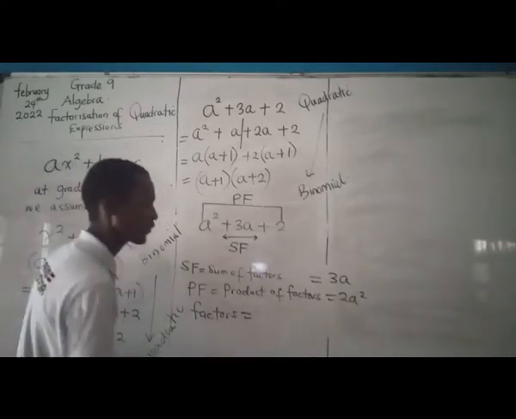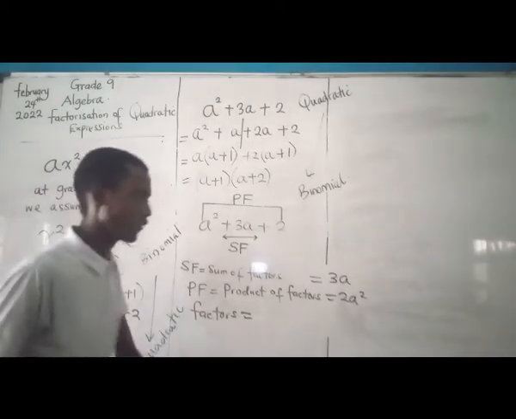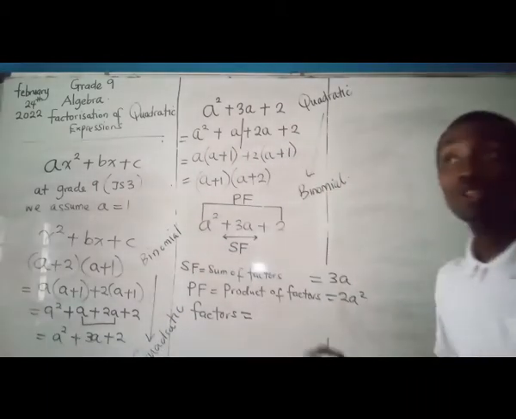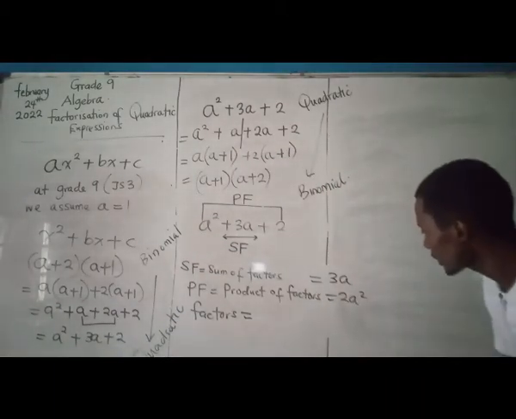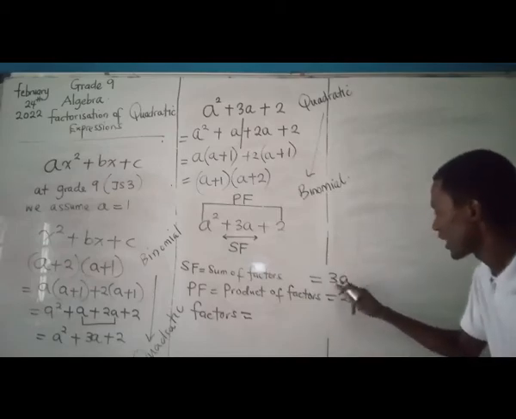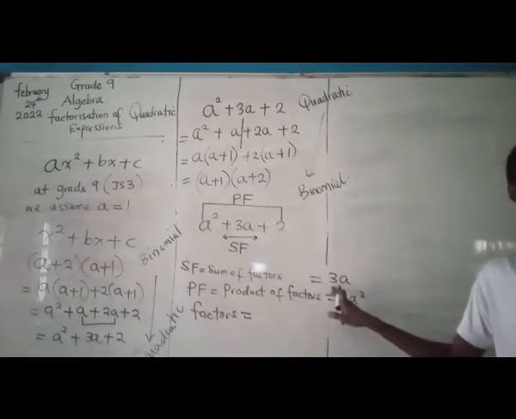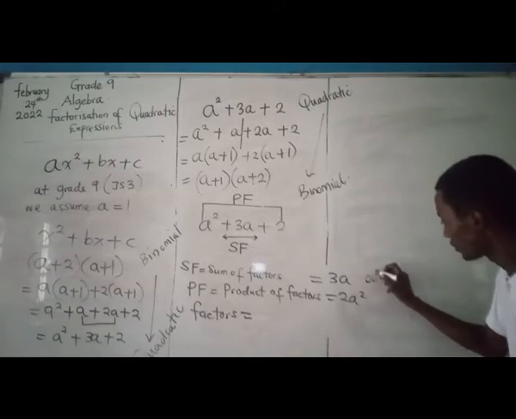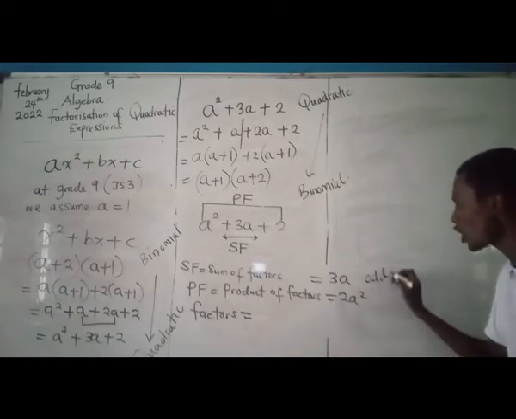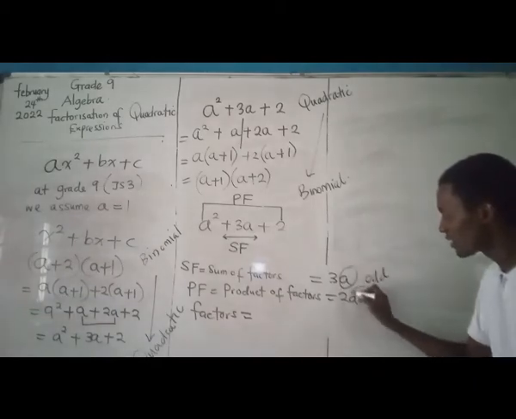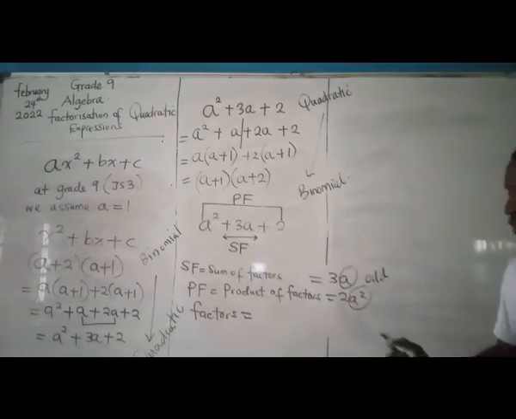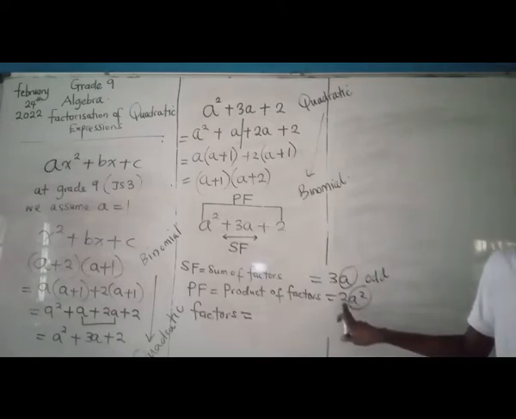Now, how do we get these factors? Look at this carefully, because this is where the knowledge of everything we did in the last video comes to play. What number is this? Is 3 even or odd? Odd. Beautiful. Focus on the number and imagine you are not seeing a or a squared. Now, is this one even or odd?